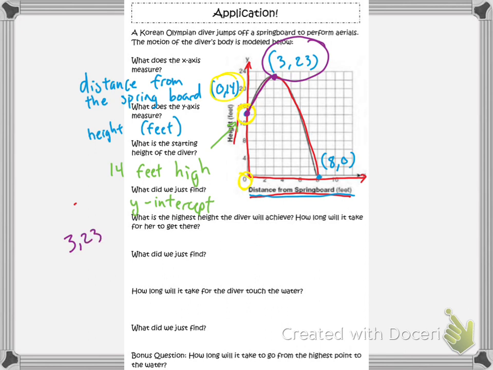But we need to make sense of this answer, right? To go back to the first two questions, what is the x-axis measure? What is the y-axis measure? The x-axis measures the distance from the springboard, and the y value measures the height.